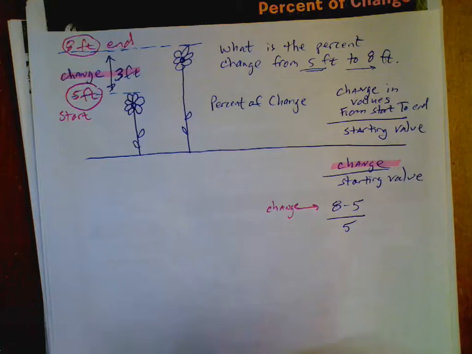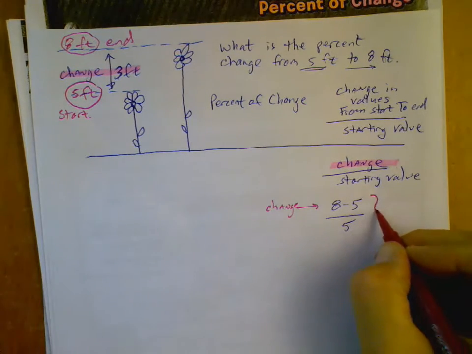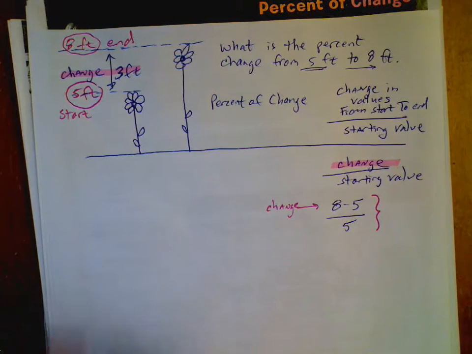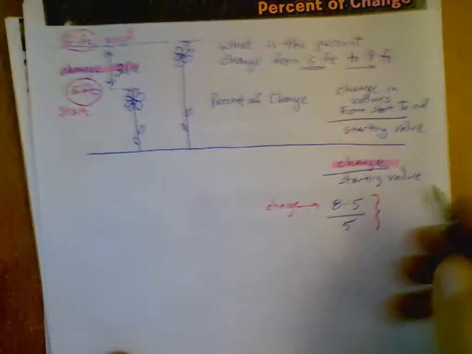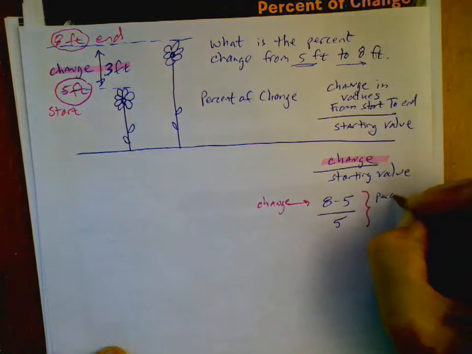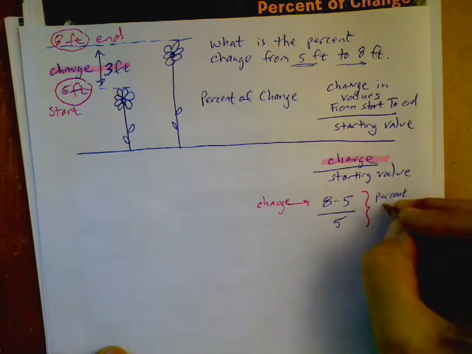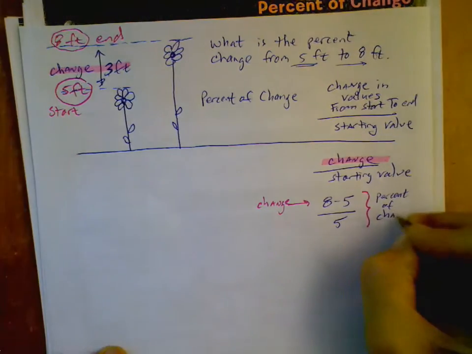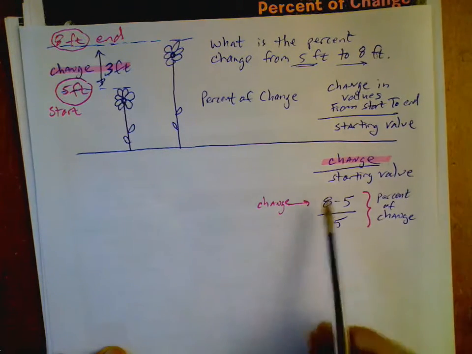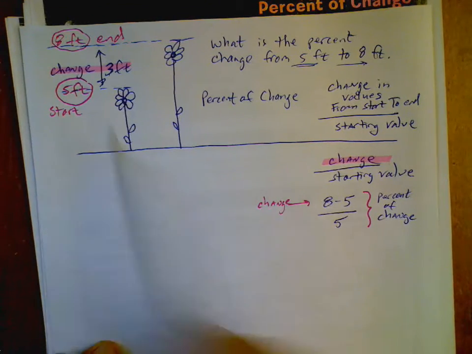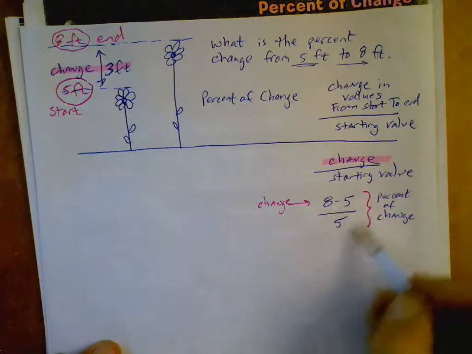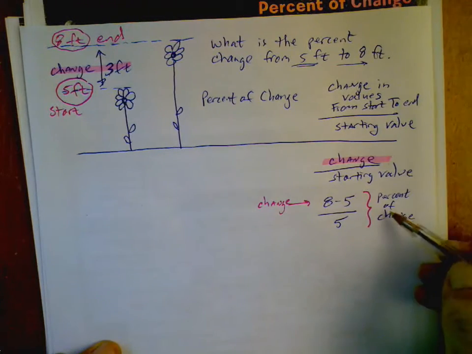But percent of change is the entire ratio that we're going to write as a fraction. The change is on top, but the percent of change is the entire ratio that we're going to simplify and write as a percent. I hope that is clear. It's worth saying one more time: the top value is just the change, the 3 feet, but the entire ratio is the percent of change.